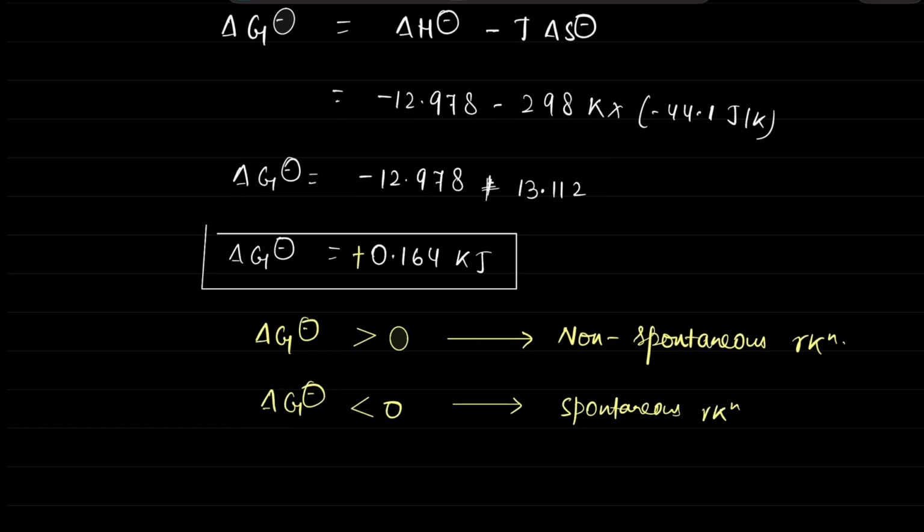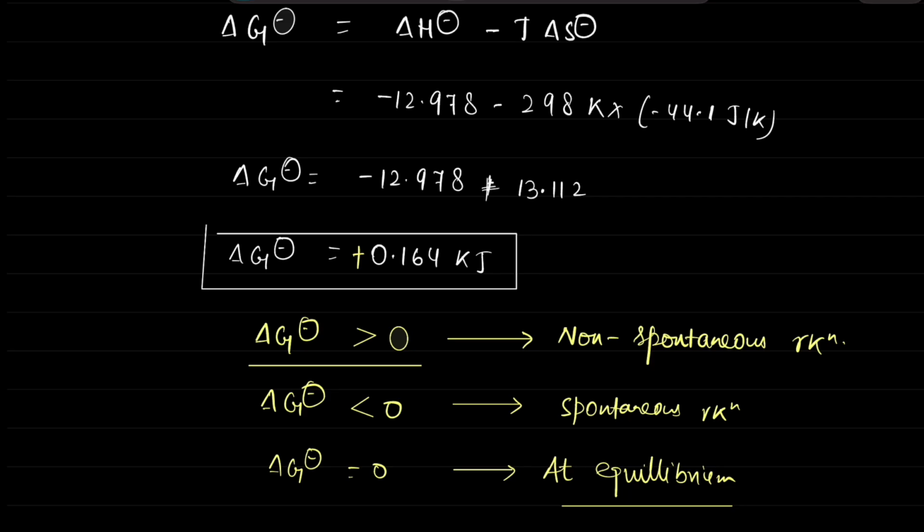And equal to 0 is considered to be at equilibrium. So here we can say that delta G value is greater than 0, so it is a non-spontaneous reaction. So this is the answer to this question.